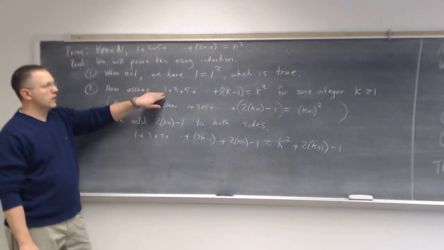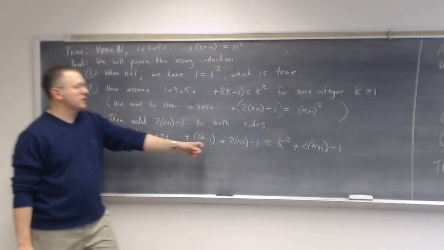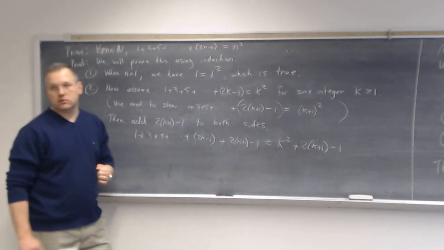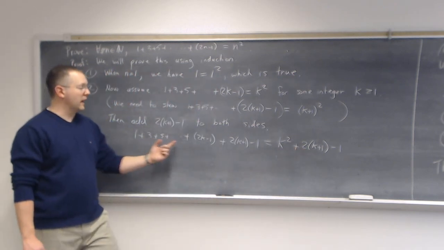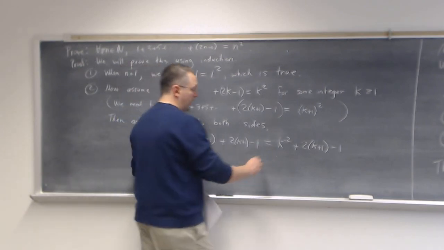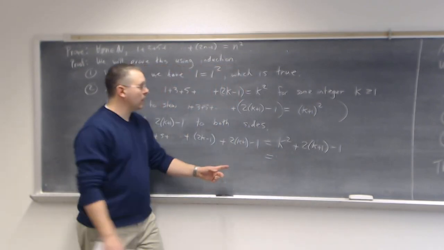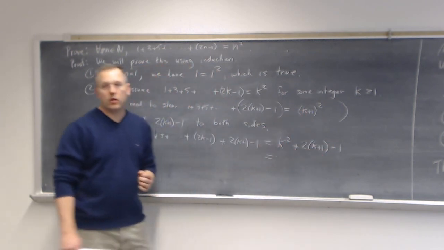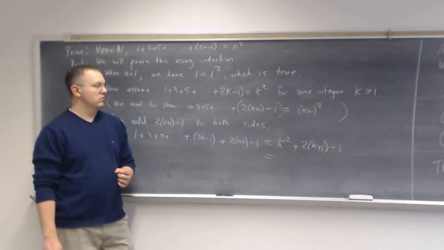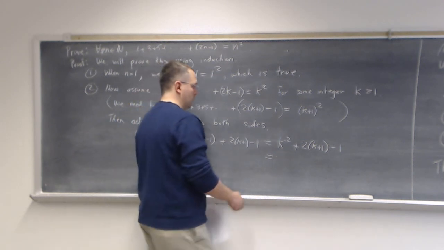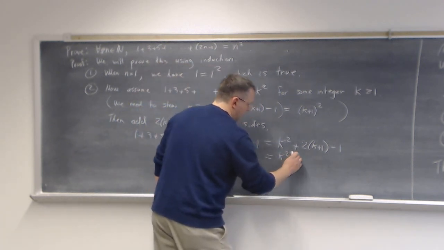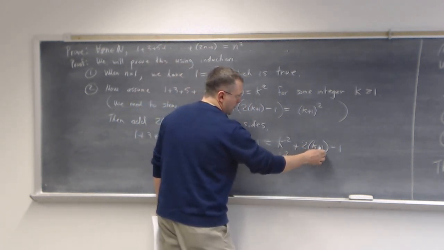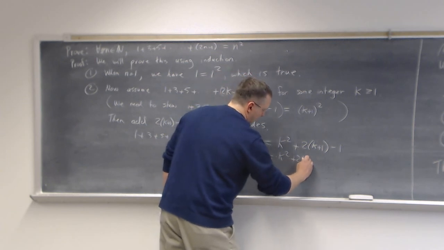Okay. So it's true, assumed it's true for k, and I just added this number to both sides of that equation. The left side is exactly what I need. The right-hand side, I'm going to be done when I can show that this stuff right here actually equals k plus 1 the quantity squared. Well, let's see. Is that true? Let's expand this. So k squared plus, let me distribute my 2, so this is plus 2k.